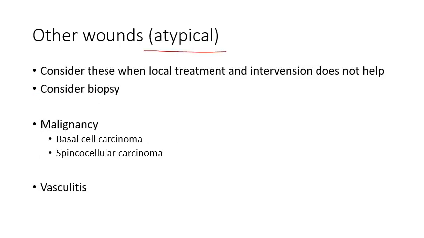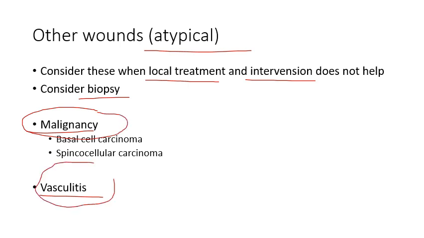Other wounds that are atypical are, of course, malignancy and vasculitis. So here, I just want you to consider that if you've done the local treatment, and even if we've done interventions on the arteries or the veins, and the wounds will still not heal, then you should consider a biopsy and think malignancy or vasculitis.